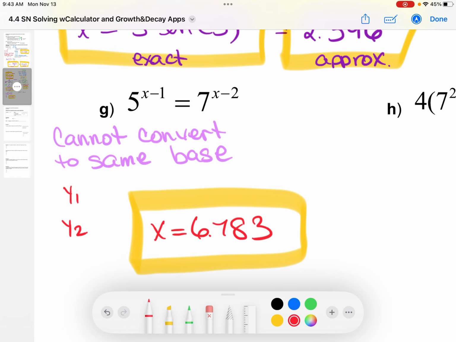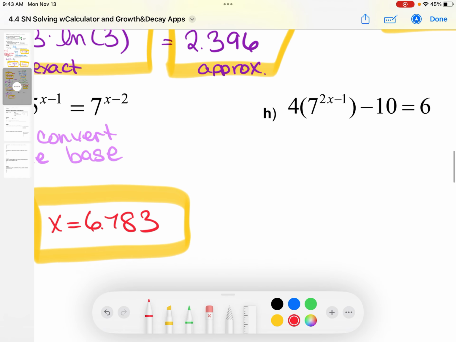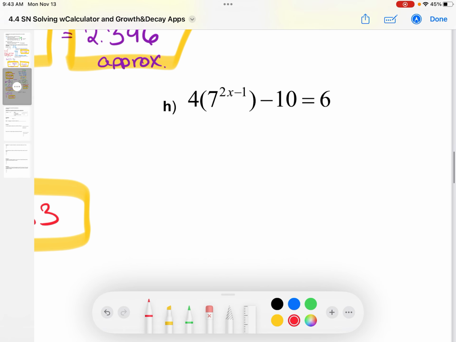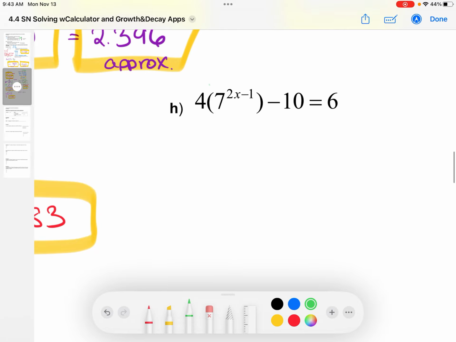Okay. Going to H, there's a lot involved in H, and we want to do similarly to what we did a couple problems ago, in that we want to isolate first where the exponent is.